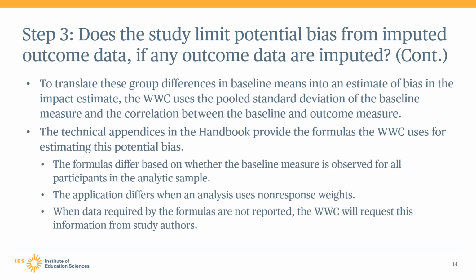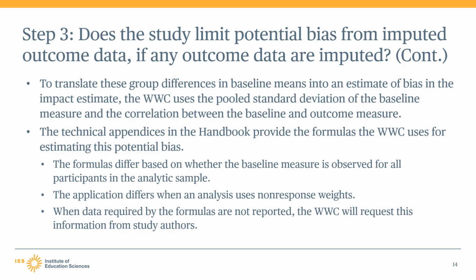In order to translate the group differences in baseline means into an estimate of bias in the outcome effect size, the WWC uses the pooled standard deviation of the baseline measure and the correlation between the baseline and outcome measure. Again, Appendix H in the handbook provides the technical formulas that the WWC uses to estimate potential bias.